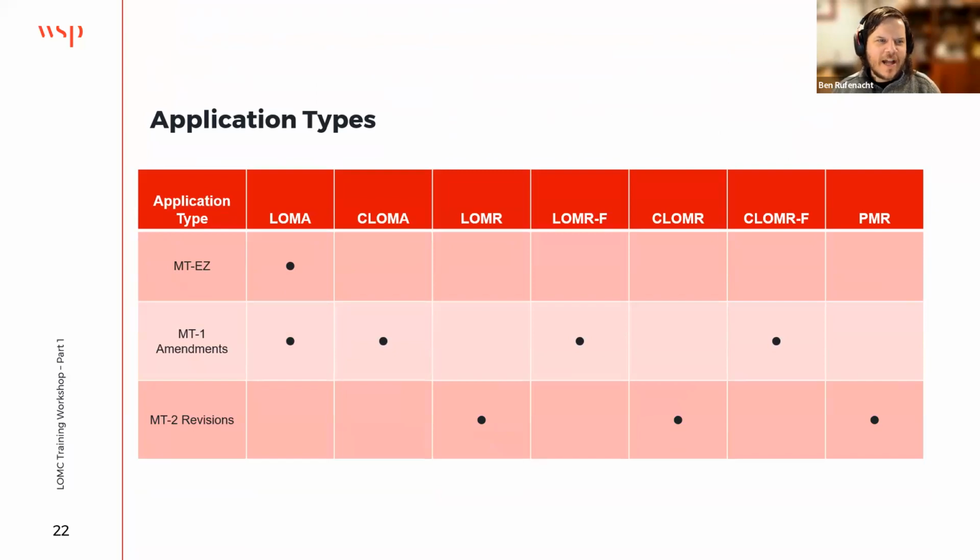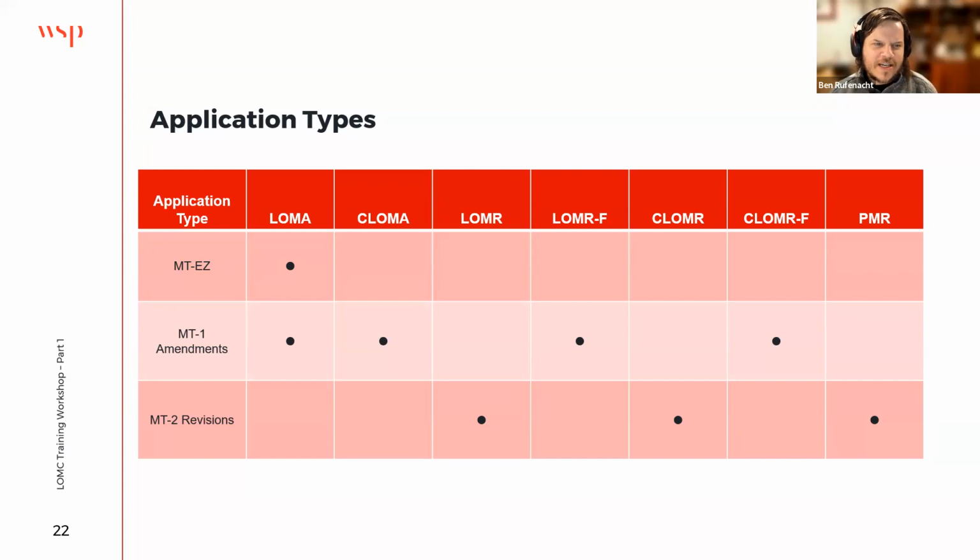All right, so the different application types. These different letters of map revisions, or letters of map change, have different application requirements. This table shows which ones need the MT1 and MT2 forms filled out.